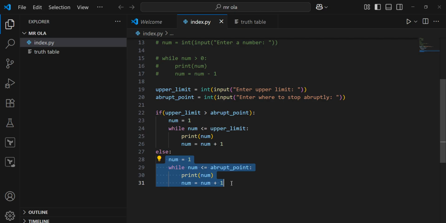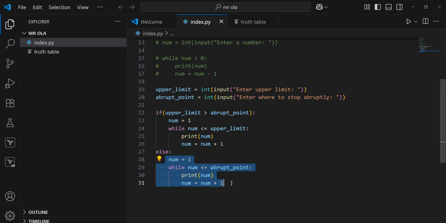The question says if the upper limit is higher than the second number, display all the numbers from 1 to the upper limit. So can I enter 10 as the upper limit? The second number I get 5. Display from 1 to the upper limit, 10. Yeah? Okay. Else, if it is not, that is, display from 1 to the second number, that is, to the abrupt point in this case.